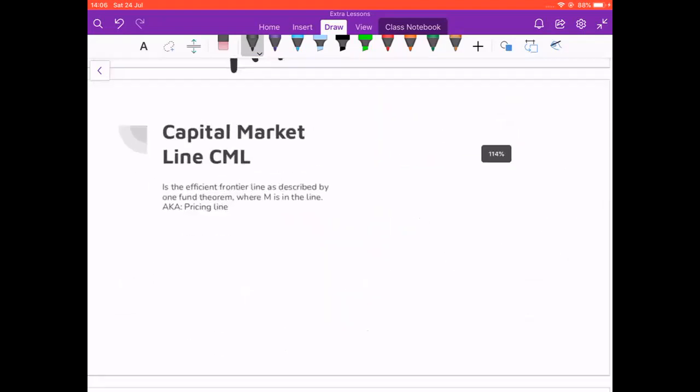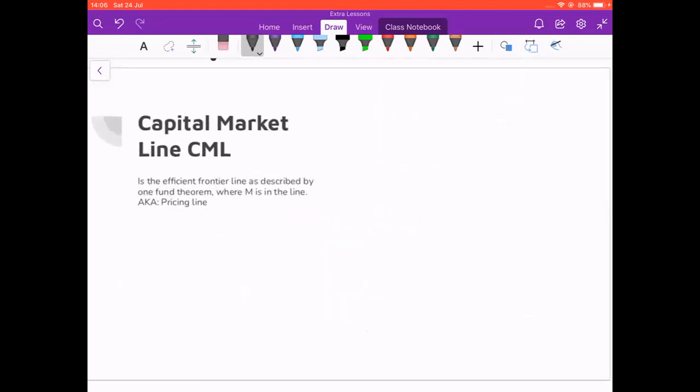We move to the capital market line. The capital market line is the line that represents the efficient frontier, as described by the one fund theorem. This is important.